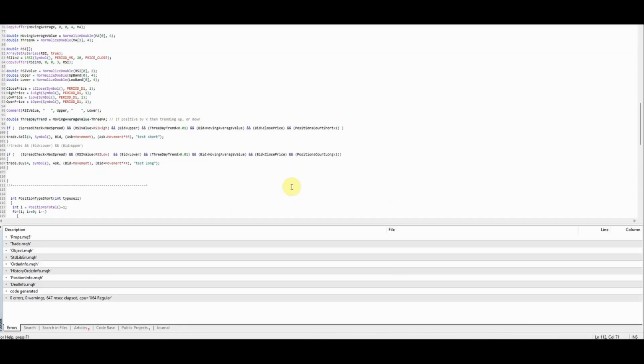Now, the goal here is to basically create something that will help me pass the FTMO and other funded prop firm challenges using MQL5 for MT5 platforms.